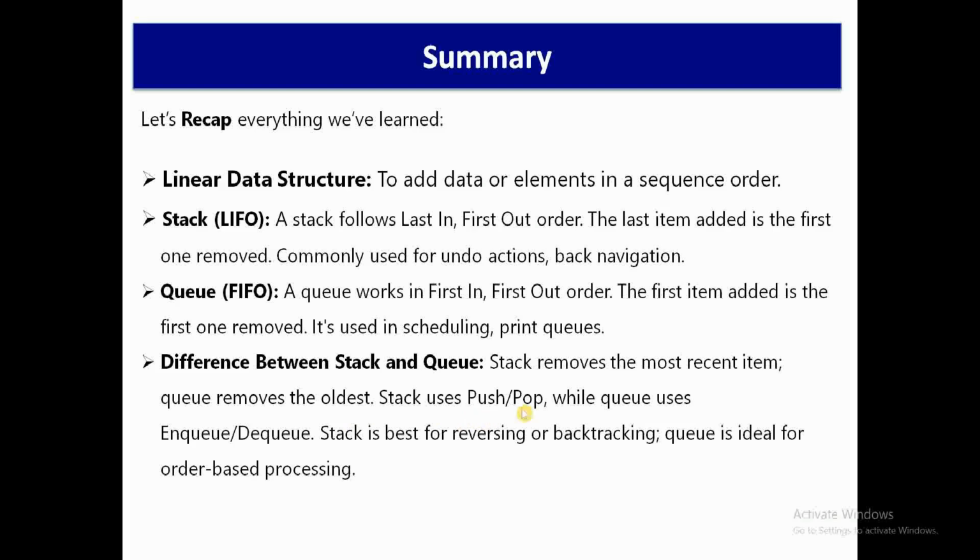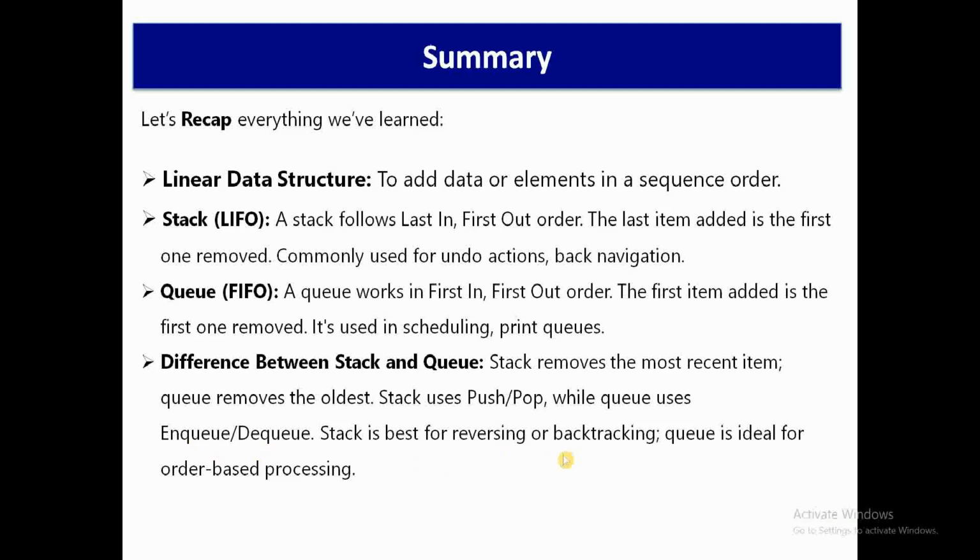Stack uses push and pop: to add data in the stack we use the push method, and to remove that data we have the pop method. While in a queue we have the enqueue and dequeue methods. Enqueue adds data, and dequeue removes data from the list.